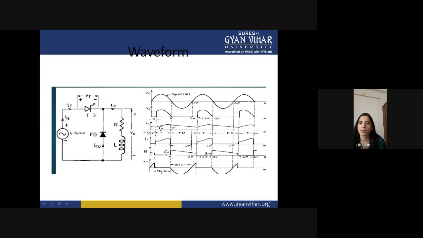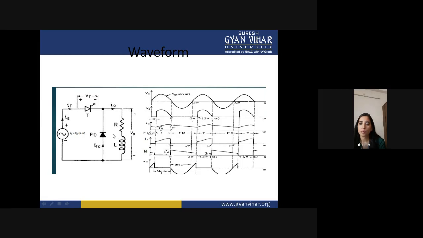Now, when the SCR suddenly turns off at this point, the current does not change direction, and it flows through the freewheeling diode because it gets a path to flow.